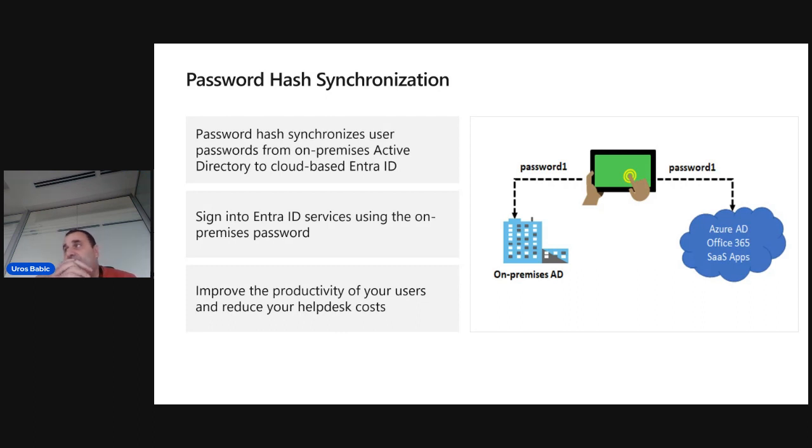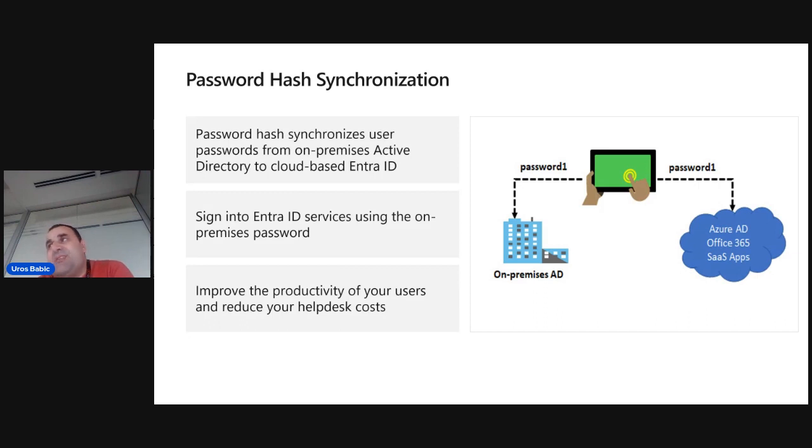You can sign in to services by using the same password used to sign in to your on-premise Active Directory instance. You can improve productivity for your users. You can reduce your help desk cost.